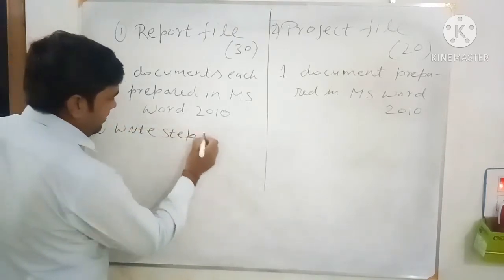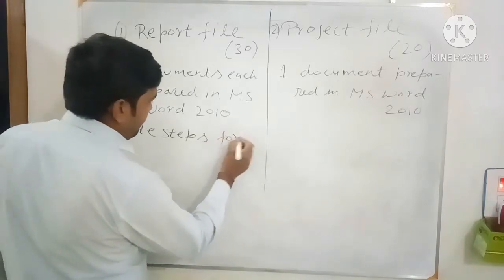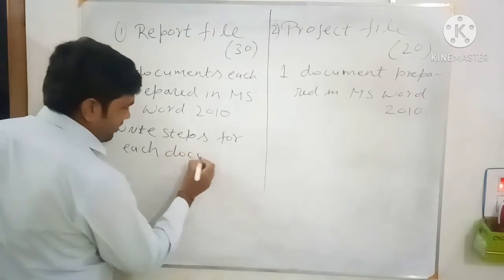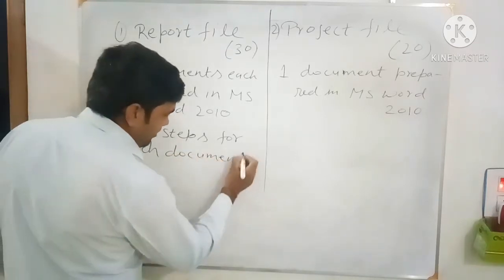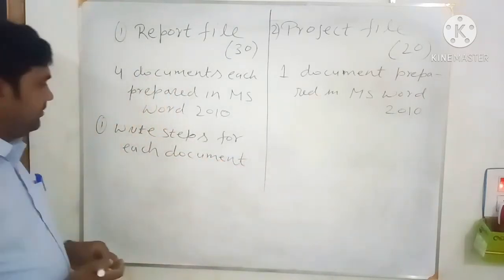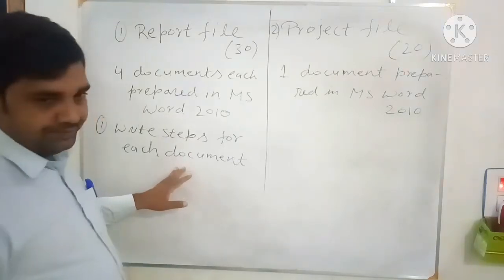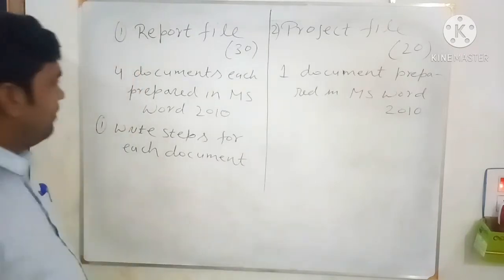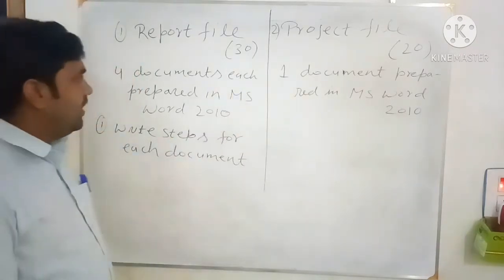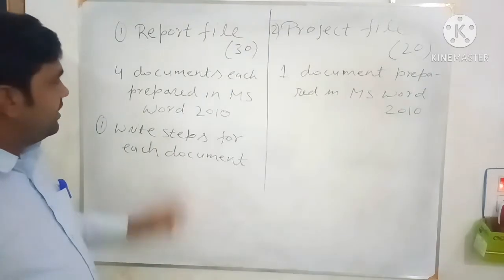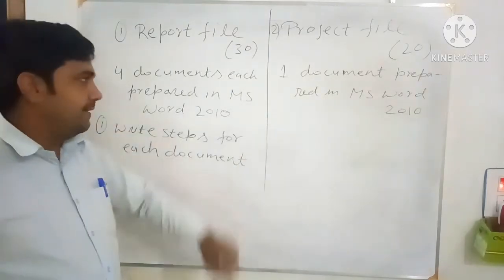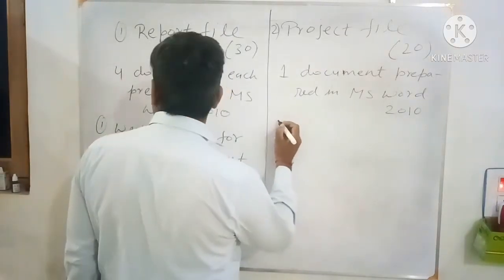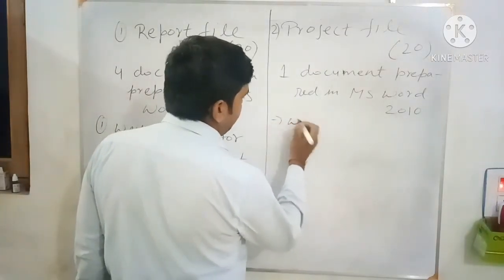Write steps for each document, showing how you have prepared it in Microsoft Word: which formatting character, which formatting style you have used while preparing each document of the report file or the project. That is the requirement. Here also you have to write the steps.